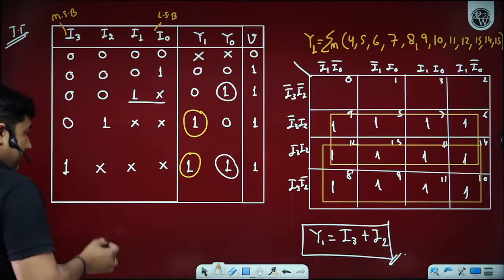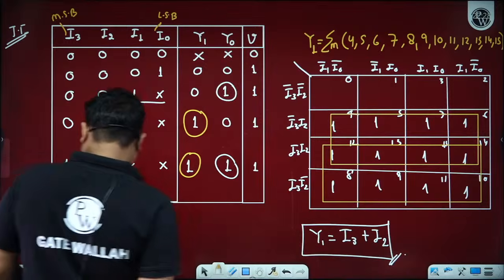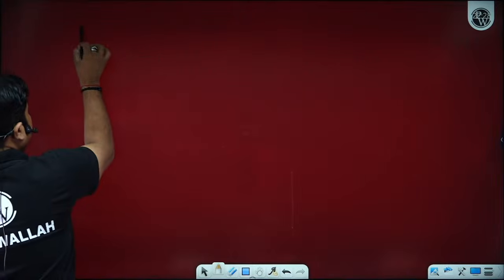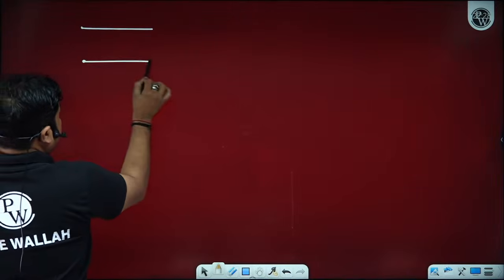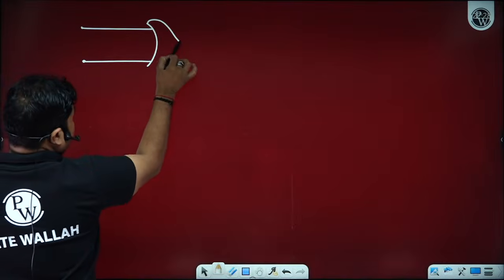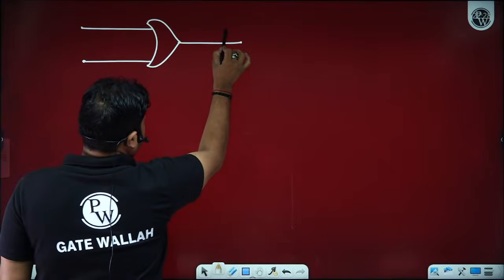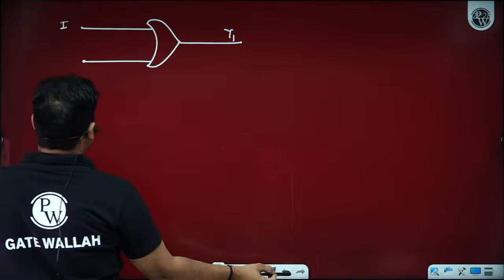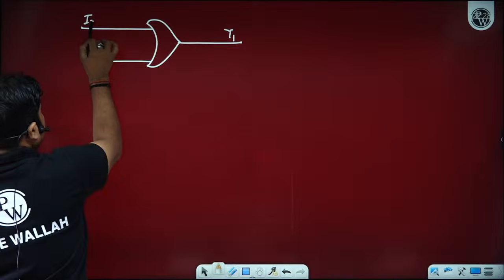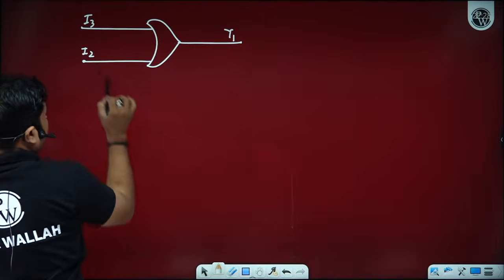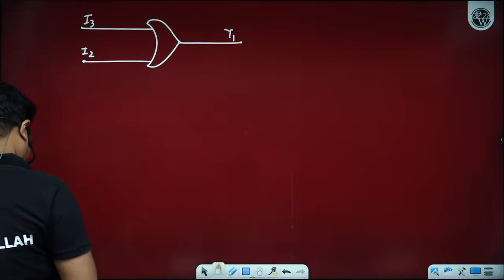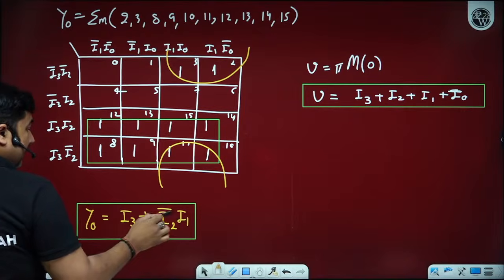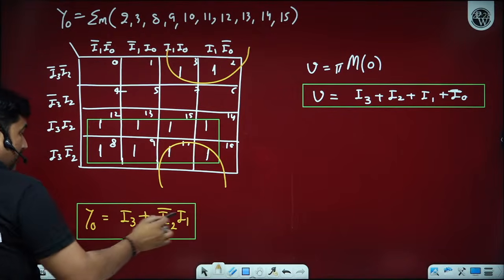For y1 we are getting I3 plus I2. And for y0, I3 plus of I2 bar I1.